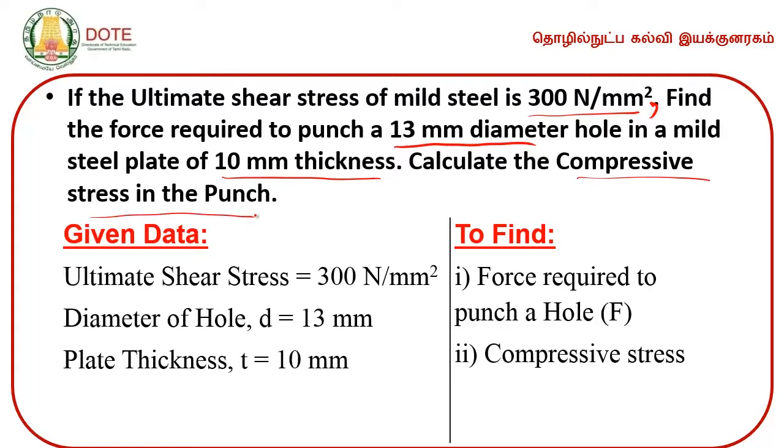Ultimate shear stress is given as 300 Newton per mm square. We have to find the force required to punch a hole. The diameter of the hole is given, 13 mm. Plate thickness is 10 mm. Then second, we have to find the compressive stress in the punch.